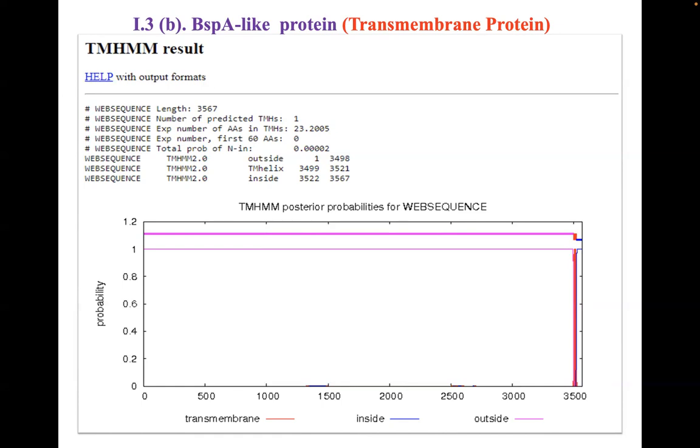So proteins like these are very important. If this protein were important for the cell, this large domain would have been inside, and the small domain would have been outside. But this is reverse. Our protein is towards outside, and a small amount of protein is towards inside.